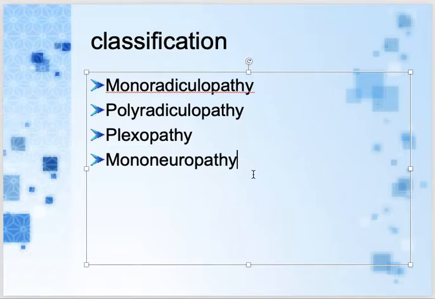A famous example of mononeuropathy is also Bell's palsy. So what is Bell's palsy? It is the most common cranial neuropathy, because the facial nerve is a cranial nerve. So what happens in this one? There is involvement of the facial nerve.